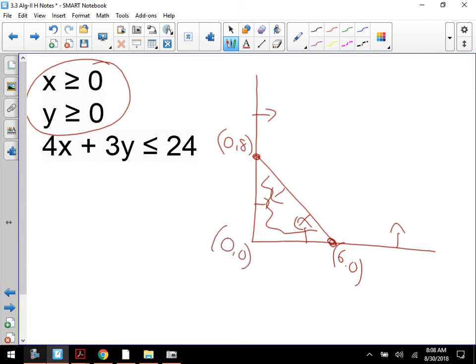What'll happen over the course, I don't know if we'll get to it today, but into tomorrow, we're going to be finding the actual ordered pairs where bounded regions are going to take place, and we're going to use those ordered pairs to figure out whether they are a maximum or a minimum value for some specific objective function.